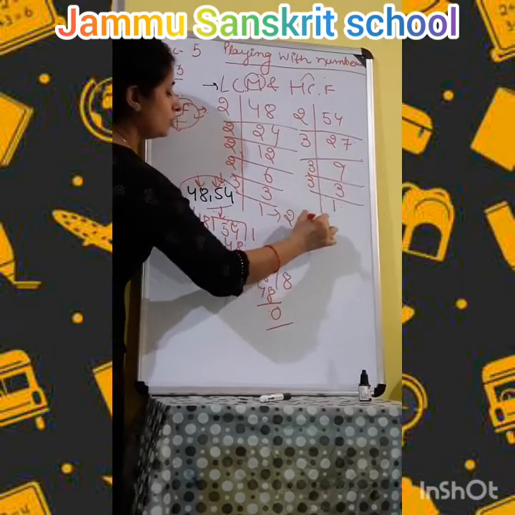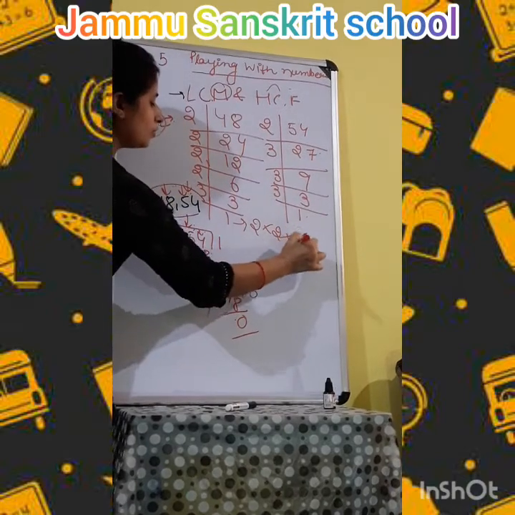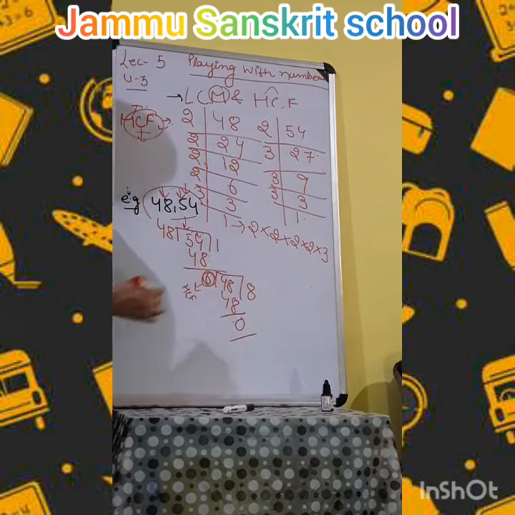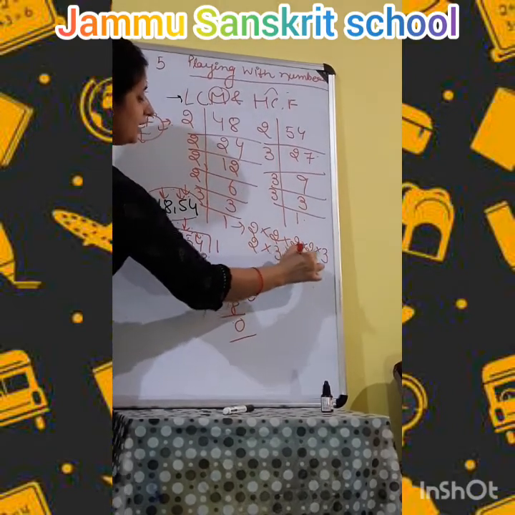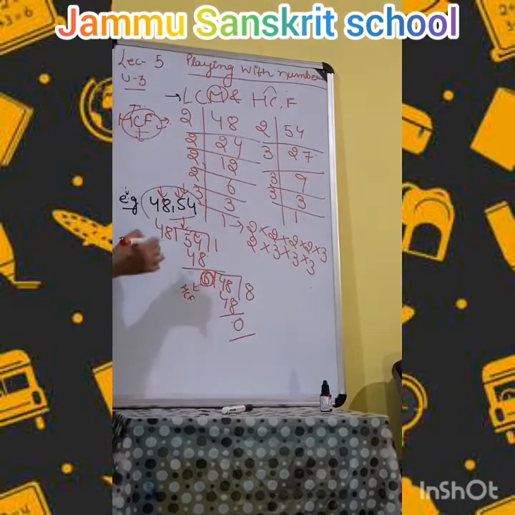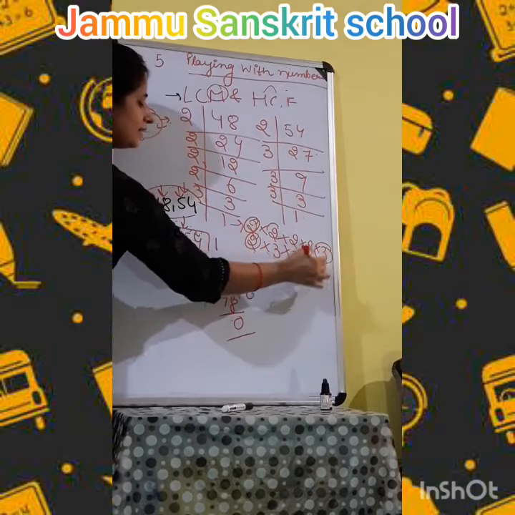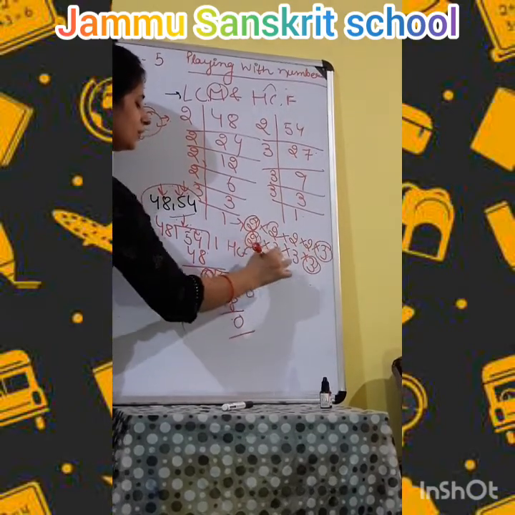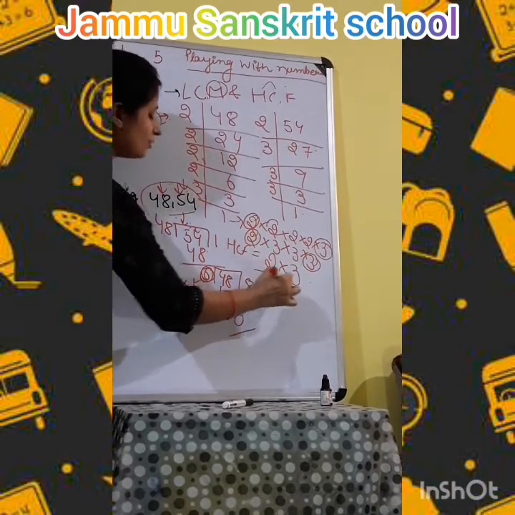They are 2 into 2 into 2 into 2 into 3. Next, the factors of 54 are 2 into 3 into 3 into 3. What are the common factors? 2 and 3. So HCF will be equal to 2 multiplied by 3. HCF is equal to 6.